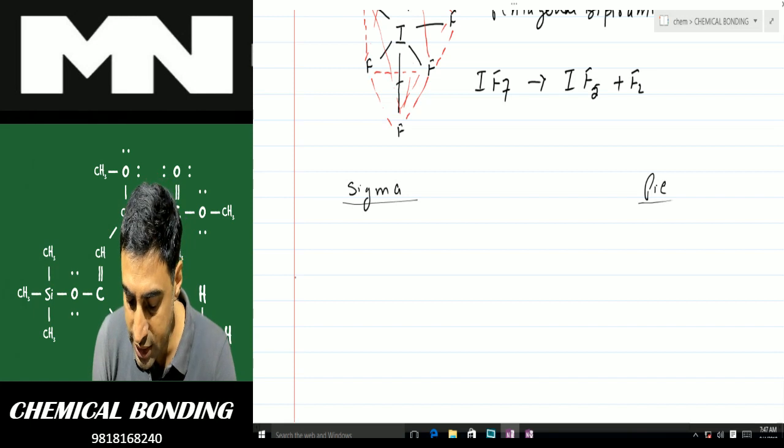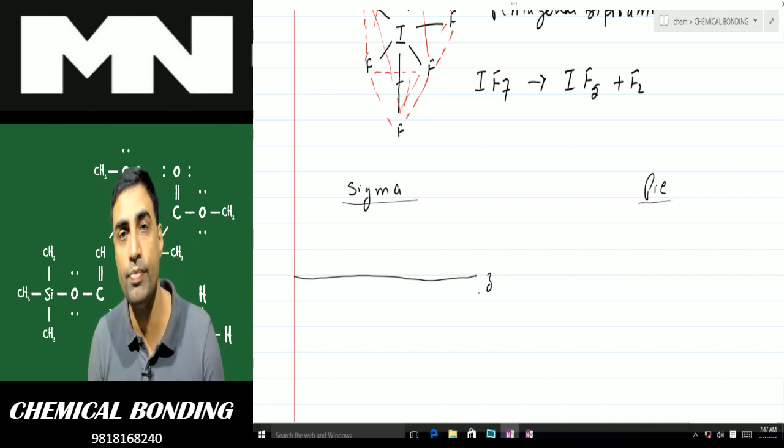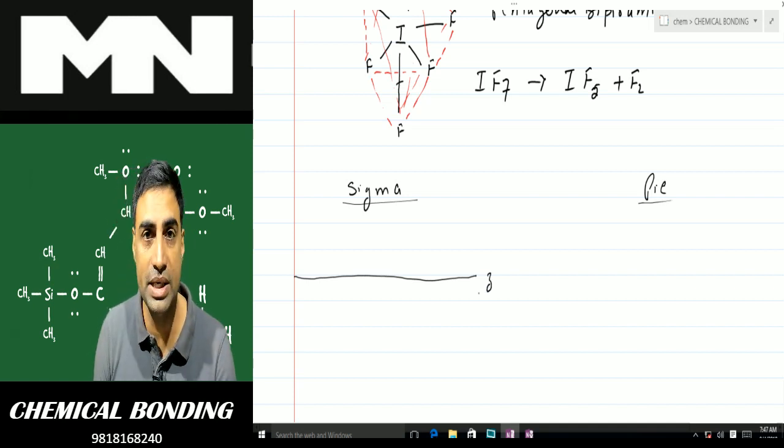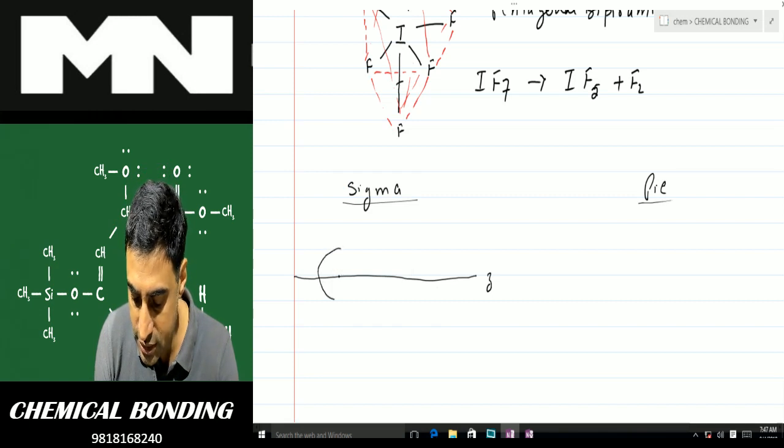Suppose this is the internuclear axis. And by default, we consider the z-axis as the internuclear axis. So this is the axis that combines the nucleus of two combining atoms. Now here, suppose I have a hydrogen atom. This is the s orbital of a hydrogen atom.